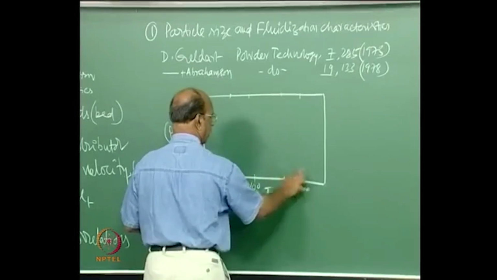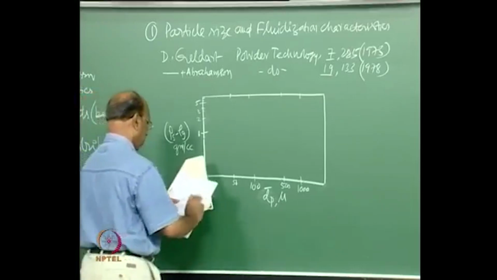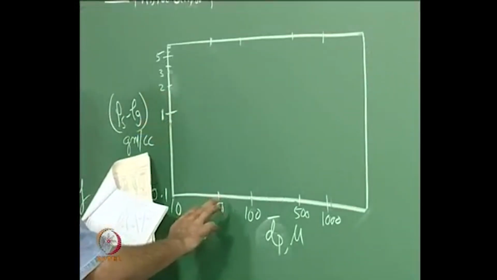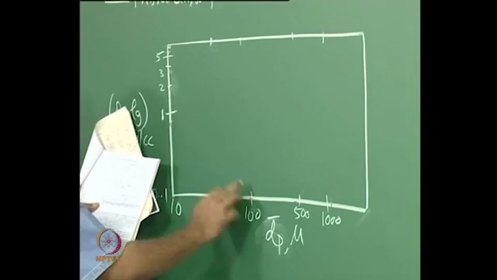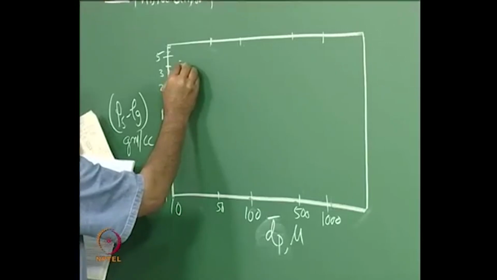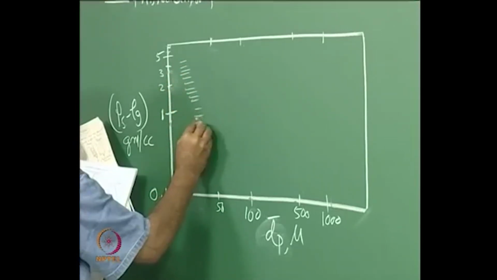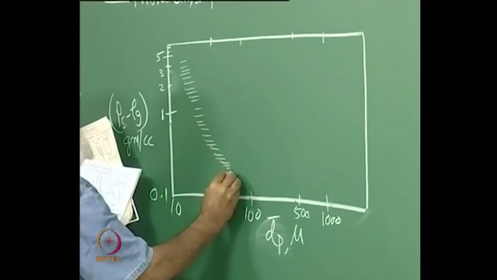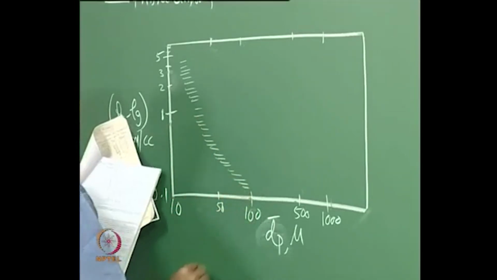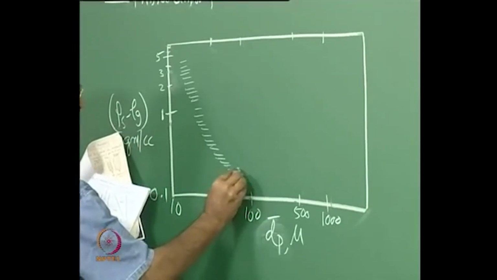So, this is only just approximate plotting, this is 50, 100, it starts somewhere here, this is a kind of diffusive region. Not so much, yeah.